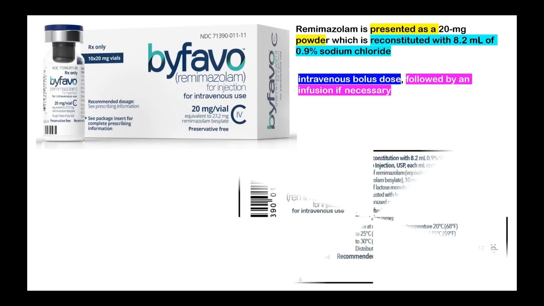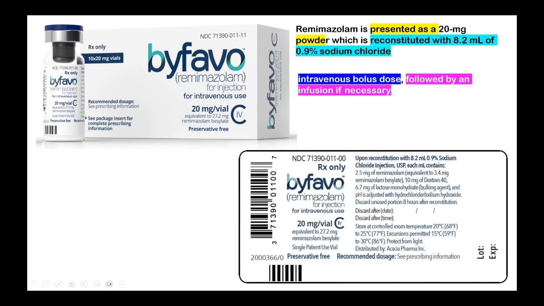So it has other components: 10 milligrams of dextran 40 and 6.7 milligrams of lactose monohydrate, with hydrochloric acid or sodium hydroxide, not bicarbonate. The pH is adjusted with hydrochloric acid or sodium hydroxide, because these things will only give you a slightly acidic pH.